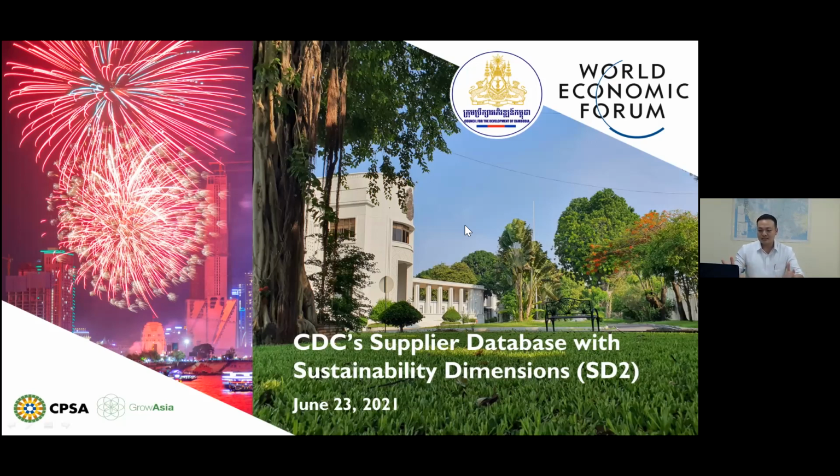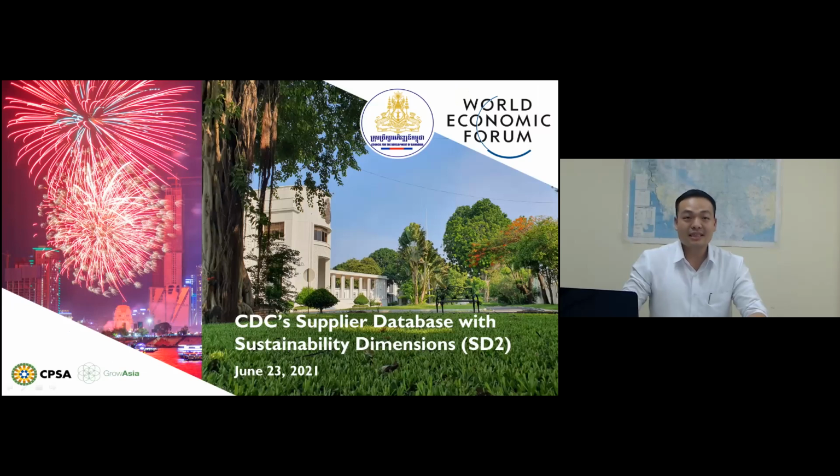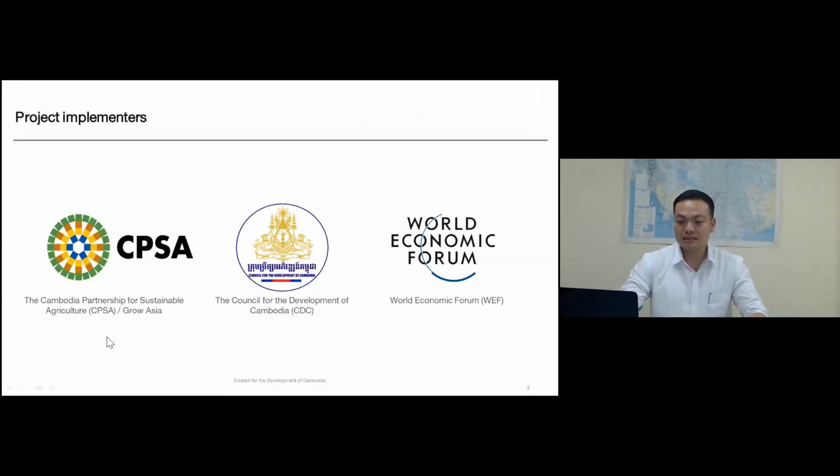So this is the CDC Supplier Database with sustainable dimensions. We call it SD2. And we've been working on this with the World Economic Forum since 2019, and they have partnered with CPSA, Cambodian Partnership for Sustainable Agriculture, to be a helping hand to support the Council for the Development of Cambodia.